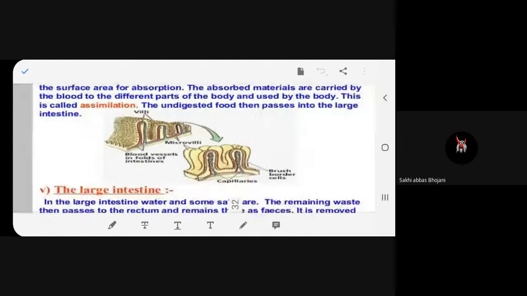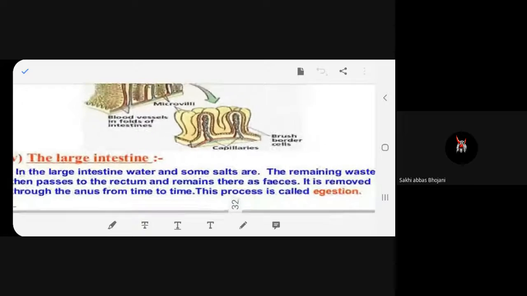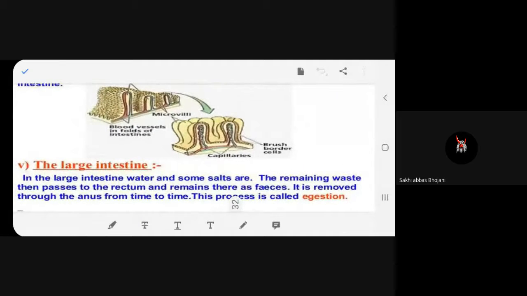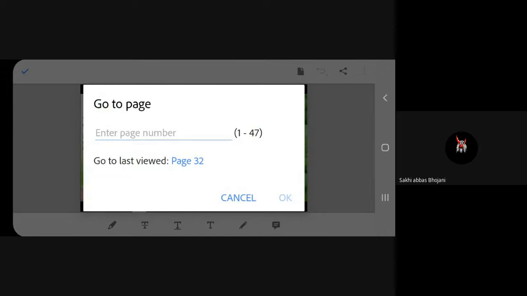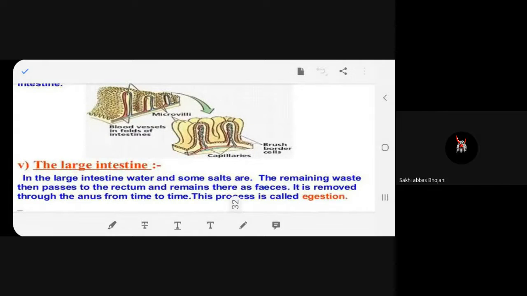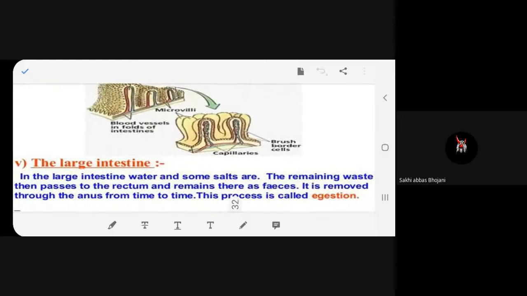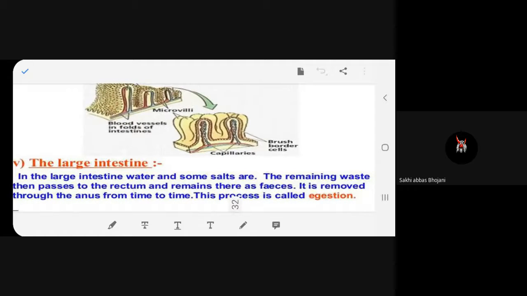Now, let's come to the large intestine. Please read. Please read, beta. No, the one who was reading has to continue.